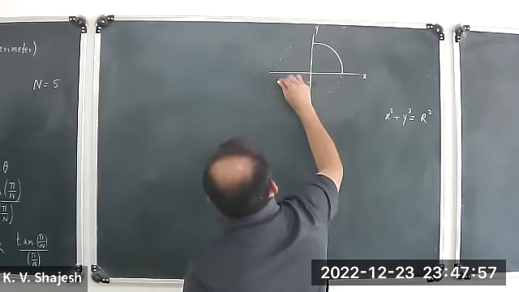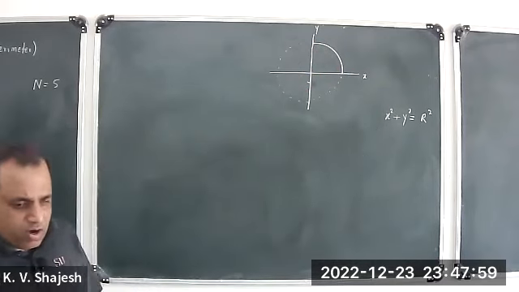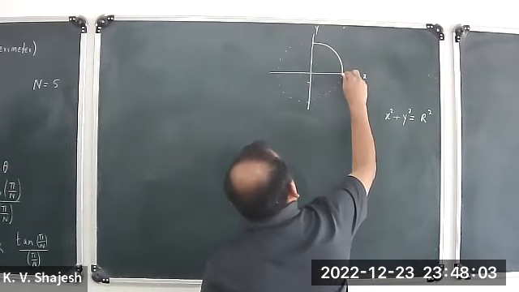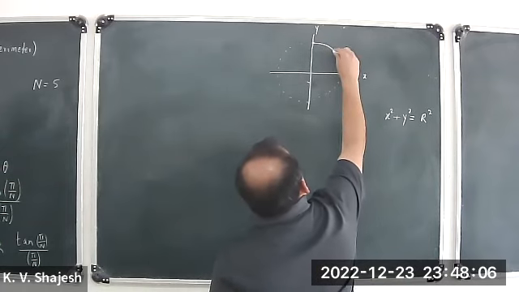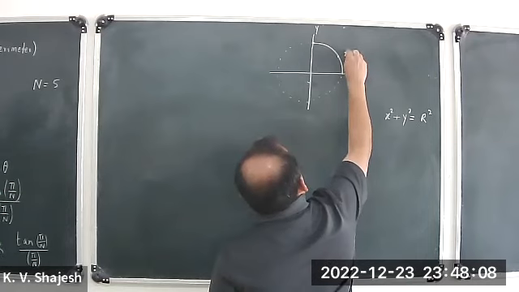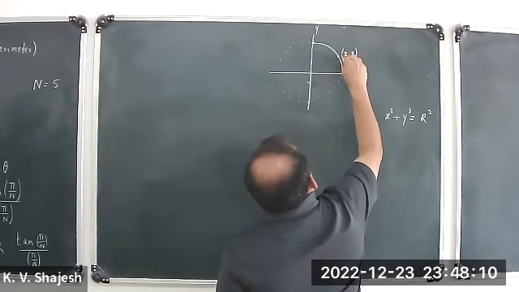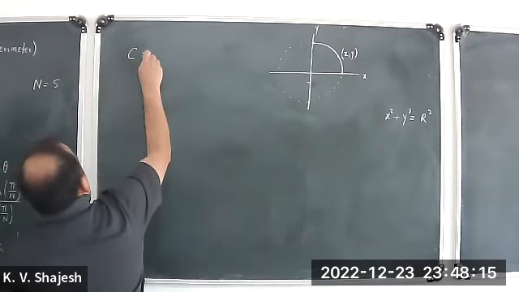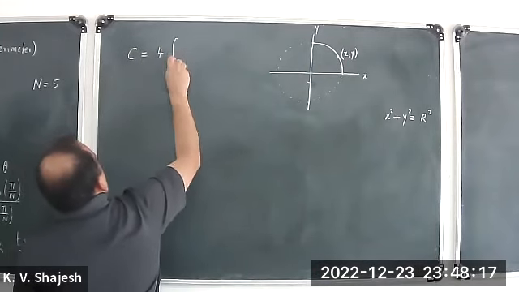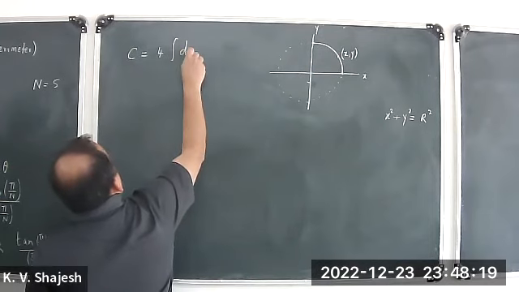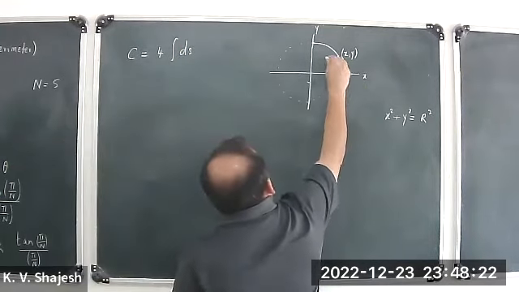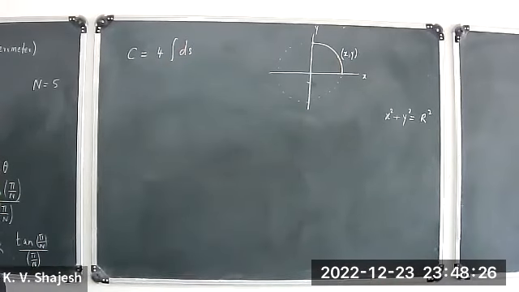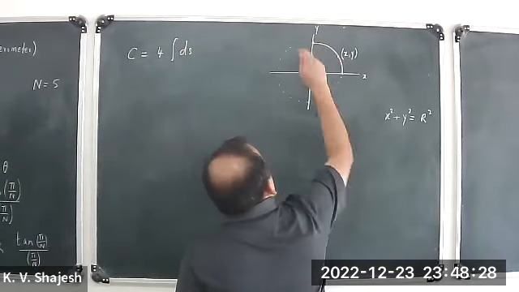So the circle can be broken into 4 parts, and we are interested in the length of this curve starting from here to here. So some arbitrary point here would be x comma y. So the circumference will be 4 times the length of this curve, which we will say is ds, going from here to here. At this point, I did not say the limit. It's understood that it is going from this point to that point.